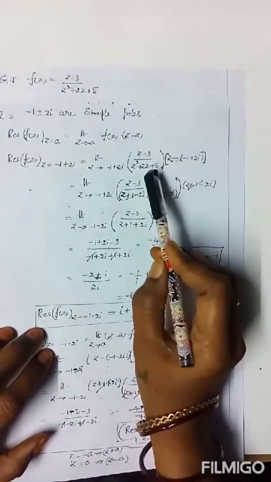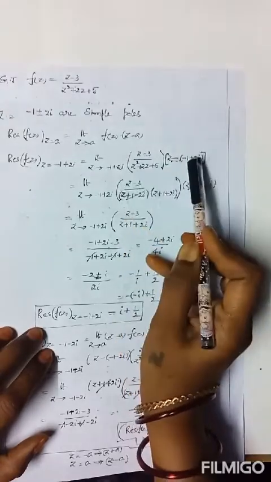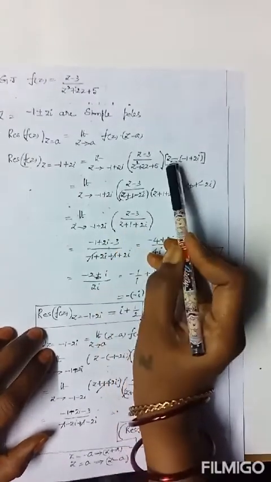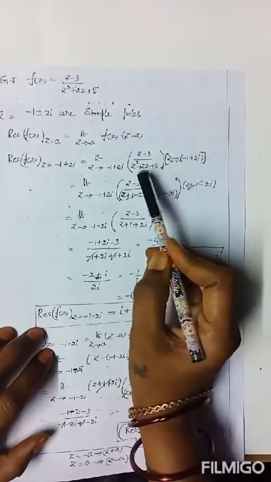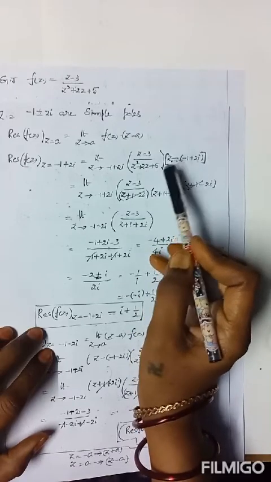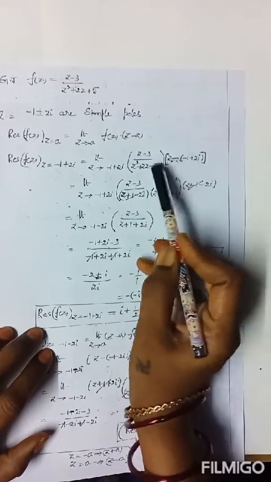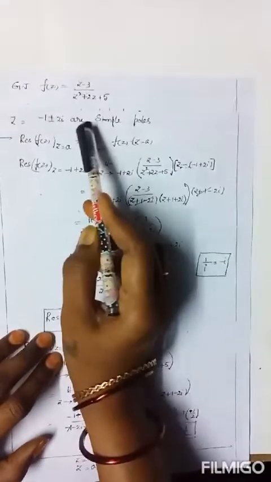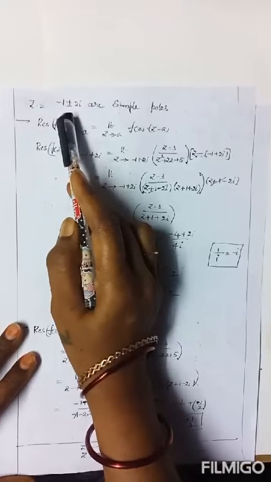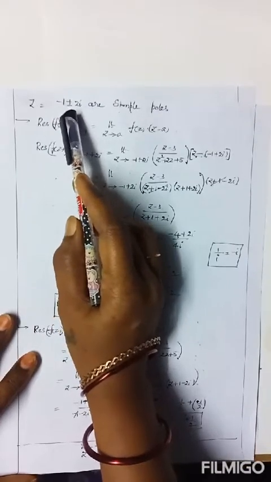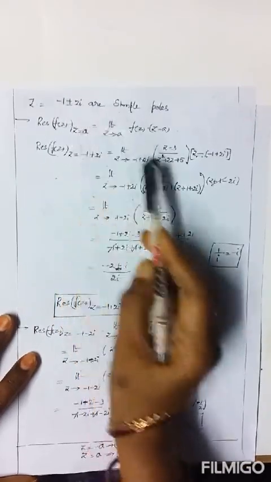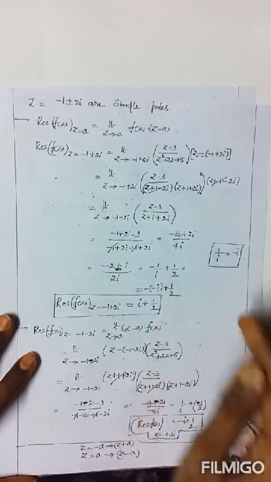Now this is purely a limit problem. If you put z equal to minus 1 plus 2i, numerator is 0 and denominator is also 0. 0 by 0 is an undefined form, so we have to write the factors of the denominator from the roots. Now using these two roots you can write factors. Now z equal to minus 1 plus 2i is a root, then z plus 1 minus 2i is a factor.